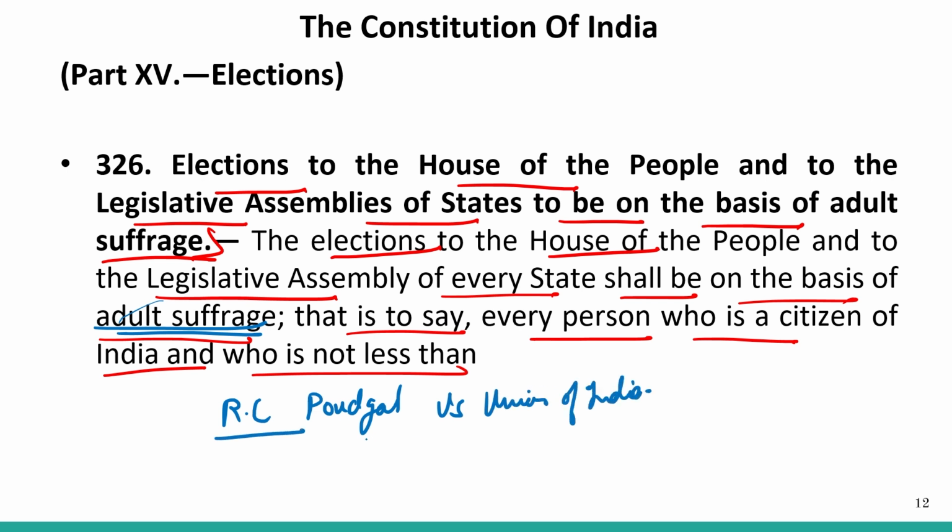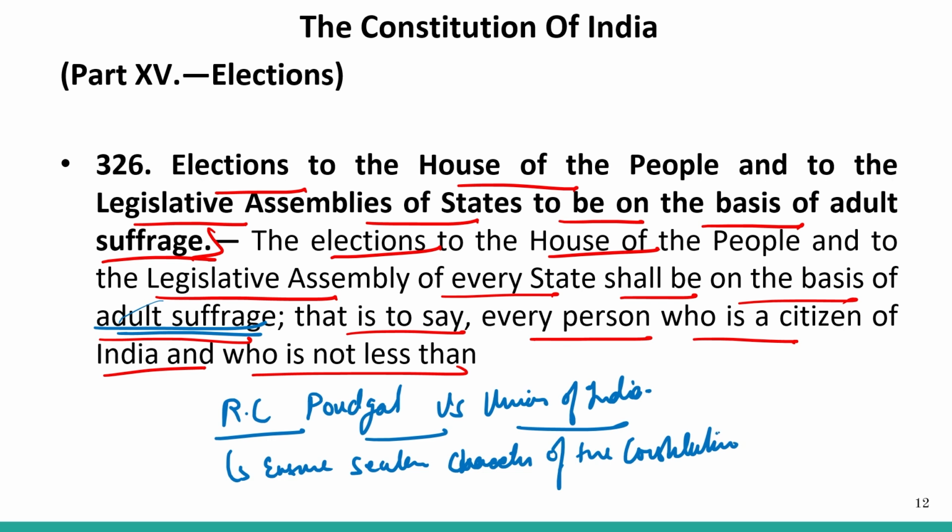In this case, it was held that in order to ensure the secular character of the Constitution, it becomes important to follow adult suffrage, that is universal adult suffrage, where the age of 18 is universal for every person to be named in the electoral roll so that they can cast their vote. So that is why it is important.